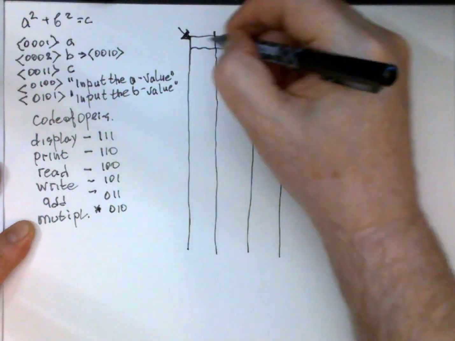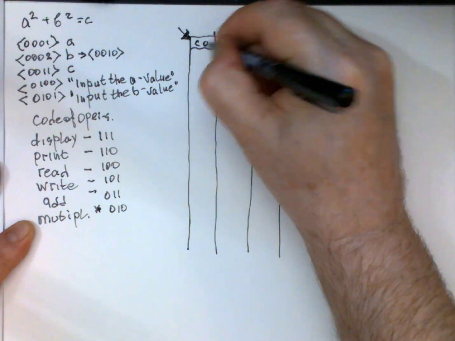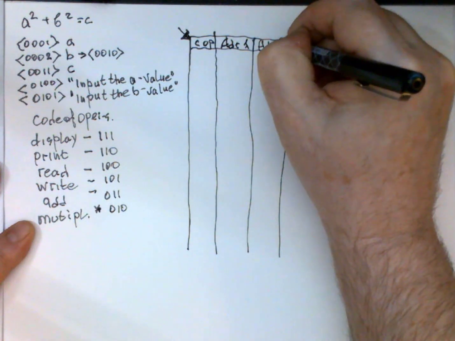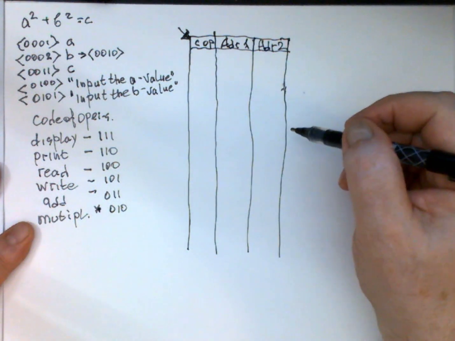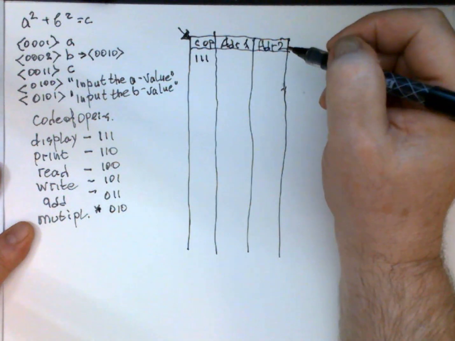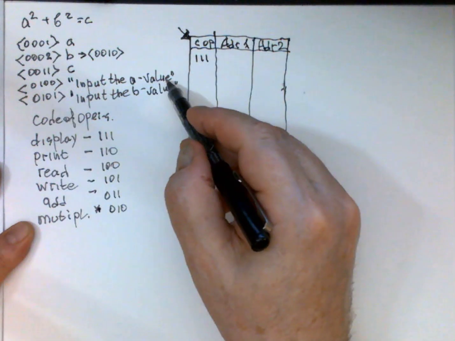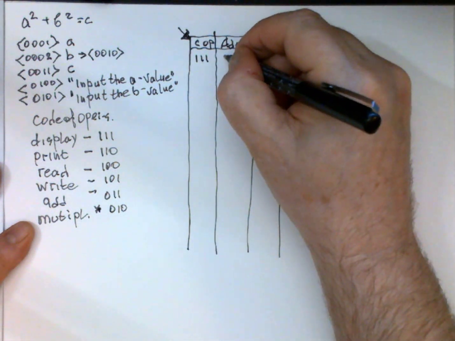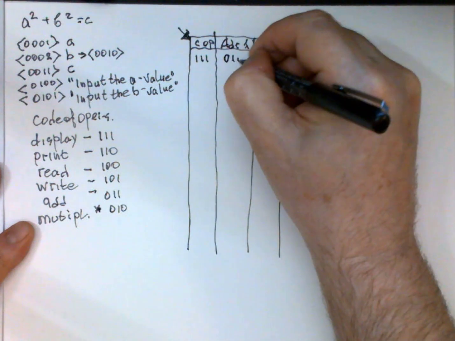I'll put here. That is code of operation. That is address 1. This is address 2. Address in the memory. So first, code operation 111. What I need to display? Display value A. That will be cell 0100.